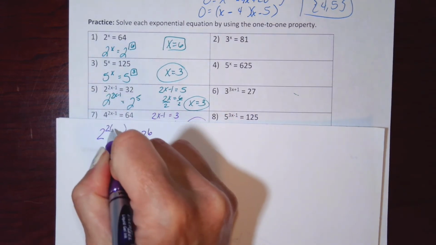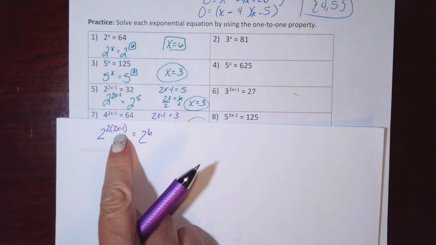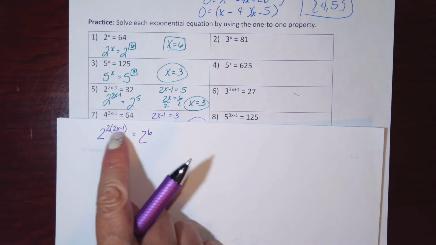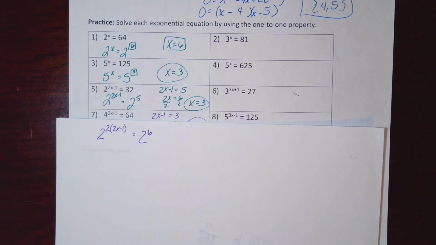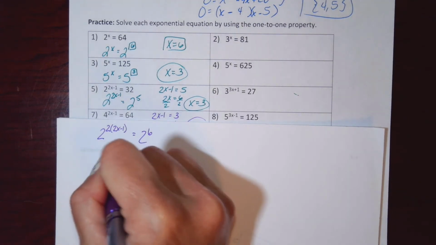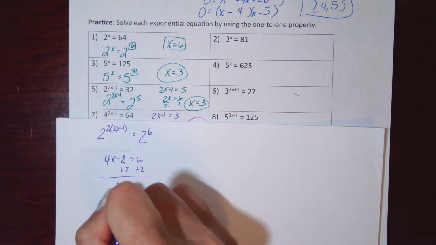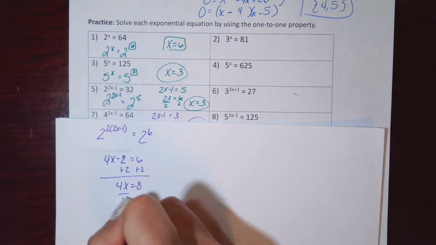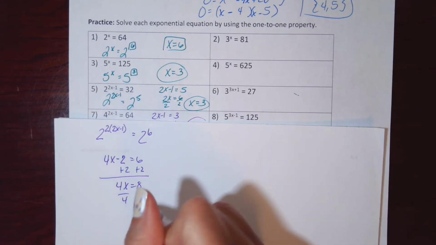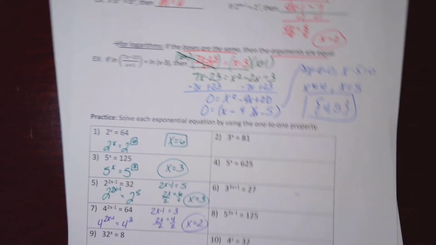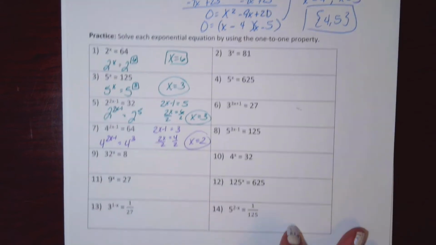What's important here is that I would need to make sure that I put the exponent I already had in parentheses, because I would then have 2 times that exponent. Now that would give me 4x minus 2 equals 6. Which still gives me the same result of x equals 2. Okay, so 2 different ways to approach that problem.